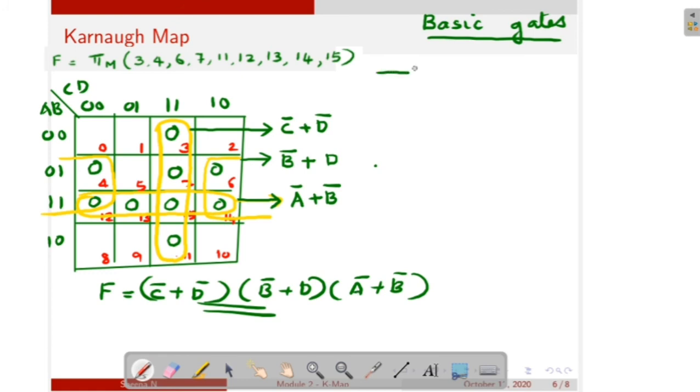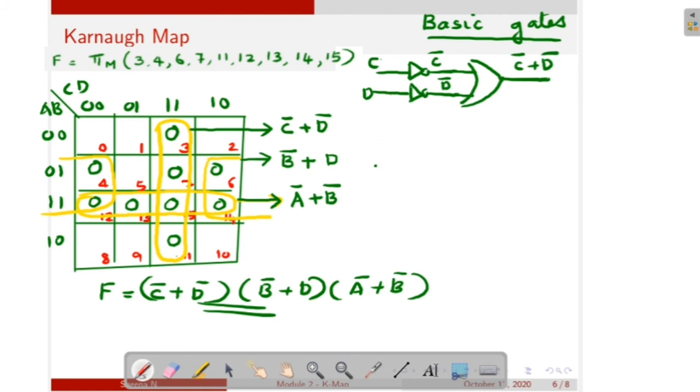First C is complemented to form C bar, then the D input is complemented, we get D bar. Then these two outputs are given to an OR gate to form C bar plus D bar.